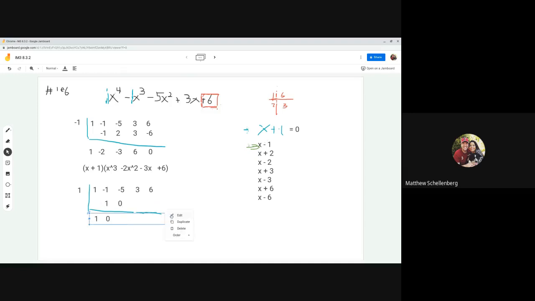Then we add them up and we get -5. We multiply by 1 and we get -5. Then we add them up and we get 2. We multiply and we get 2. Then we add them up and we get 8. And that's not 0. So that one doesn't go evenly.